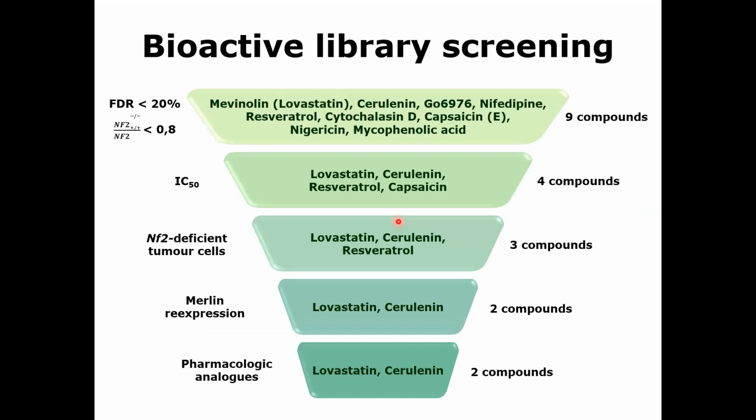So, the standard screening includes several stages. The first one is the screening itself that revealed 9 compounds qualifying to our screening criteria. And the most important stages are the screening result validation. The first stage includes the IC50s and the dose effect curves.